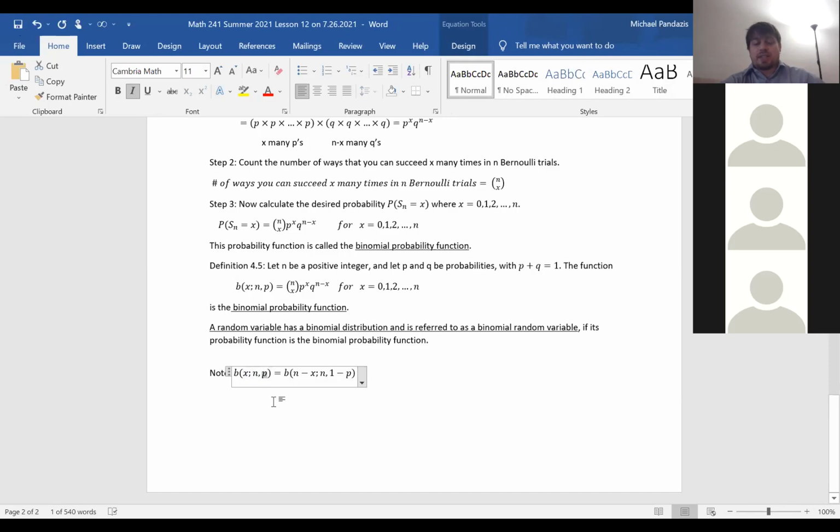Well, that's equal to the situation where you have n Bernoulli trials, the probability of success is 1 minus p, and you have n minus x successes. What that's really saying is that the probability of x successes is the probability of n minus x failures.